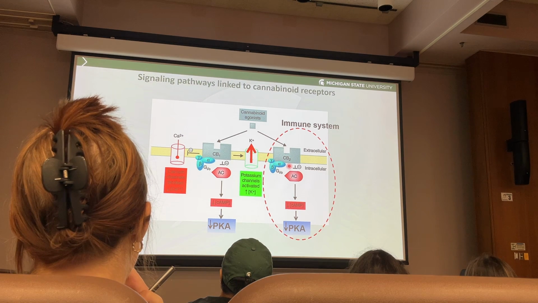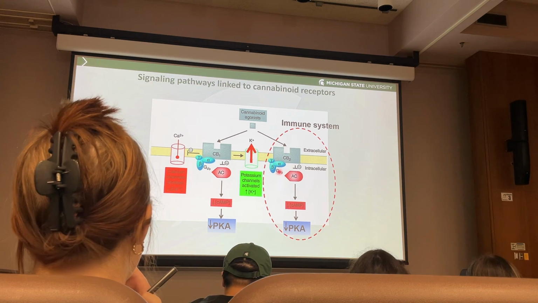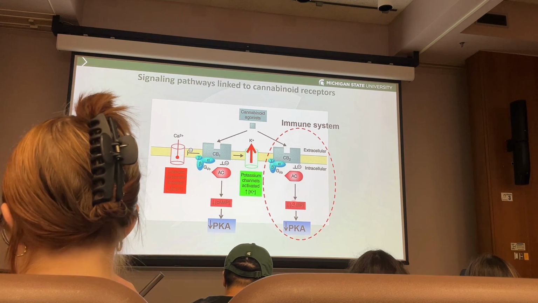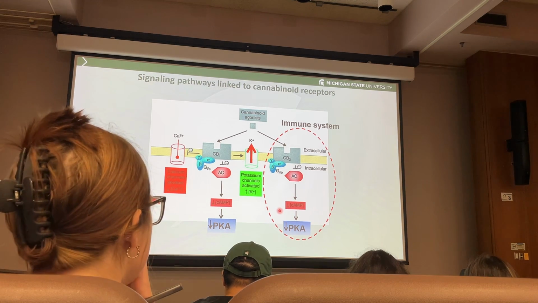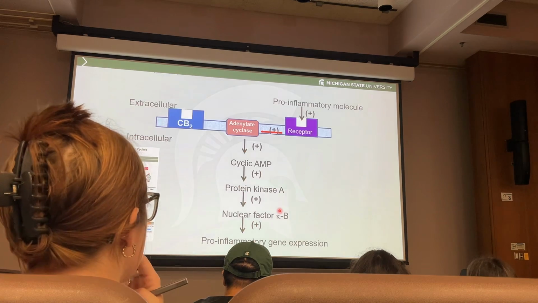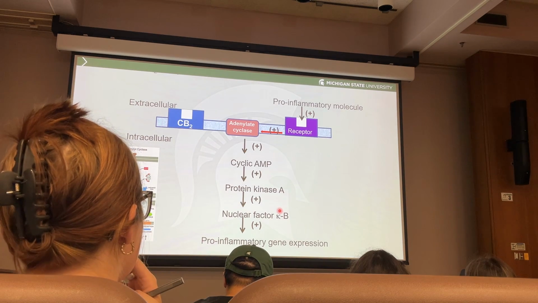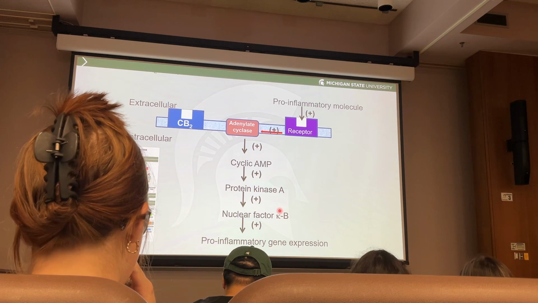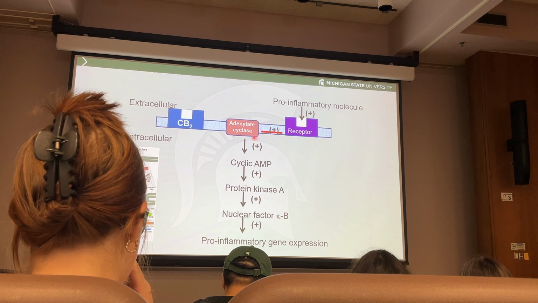Similar in CB2. It is also coupled to G-alpha I, so it blocks adenylate cyclase and has similar downstream effects, okay? But why should we care about that?